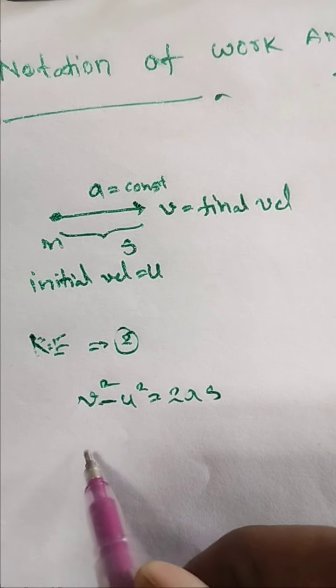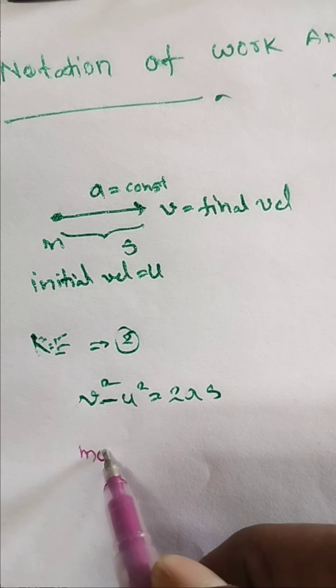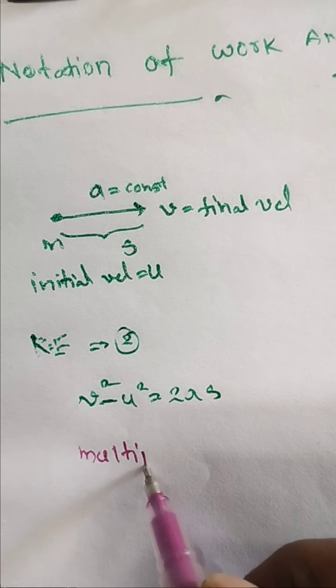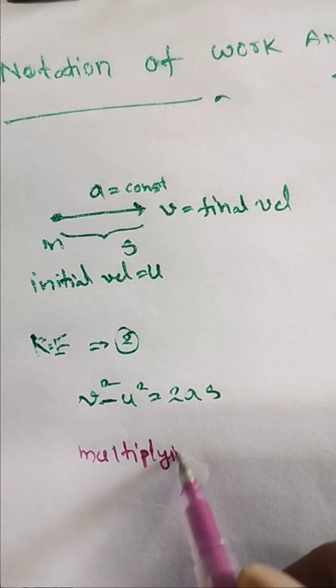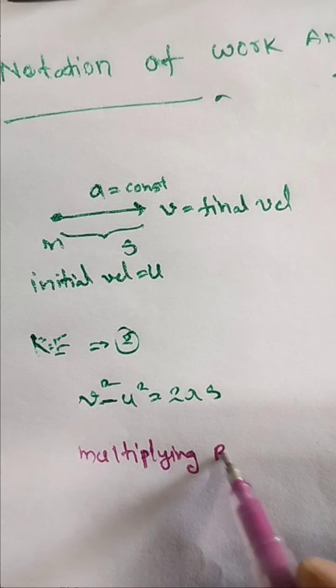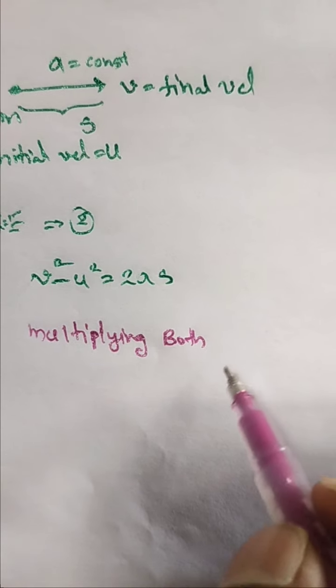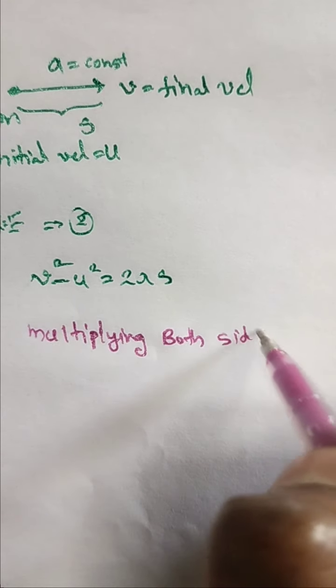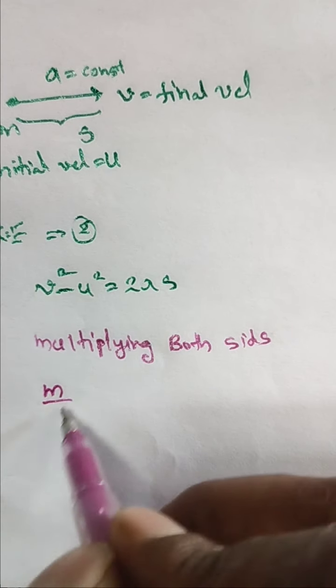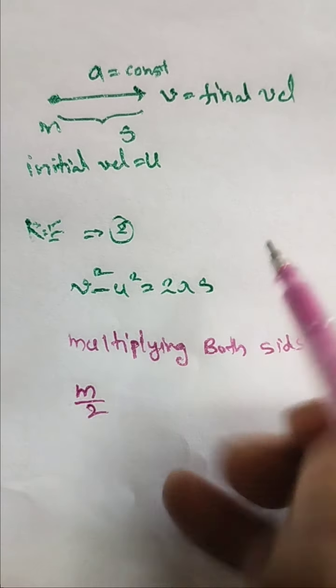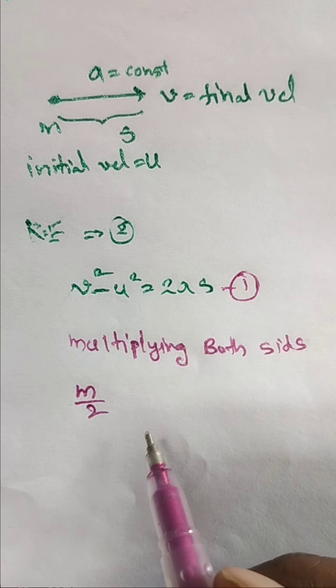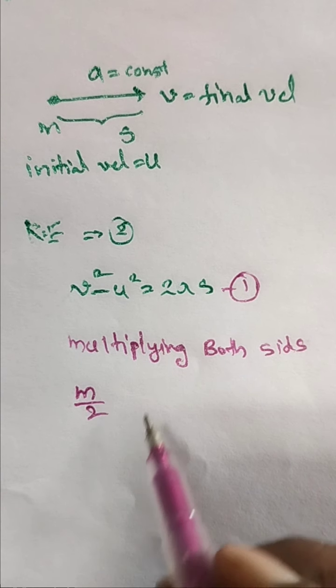Here I am multiplying both sides with m by 2. Here this is equation number 1. So equation 1 is multiplied with m by 2.